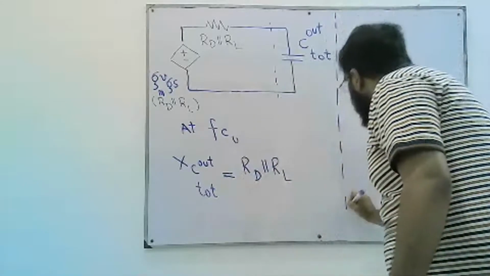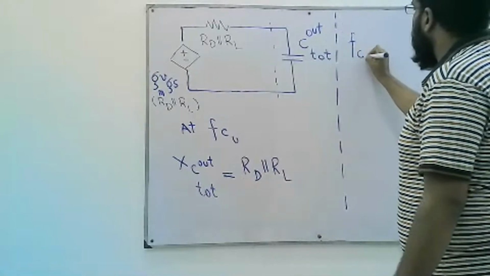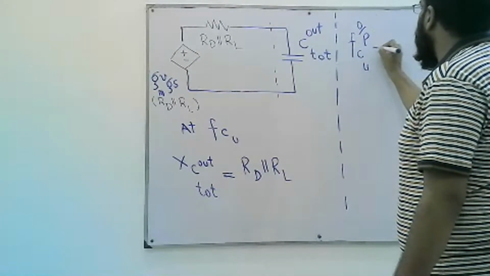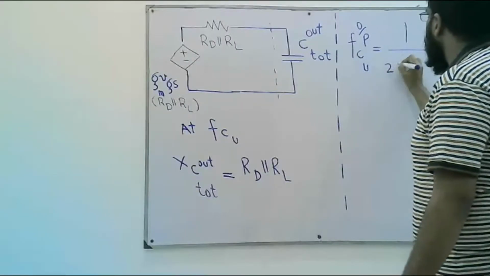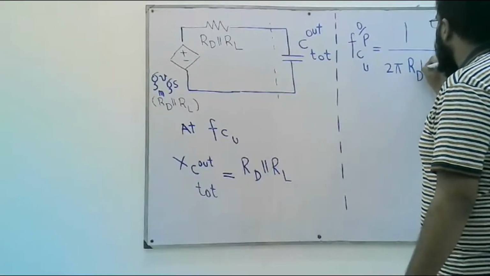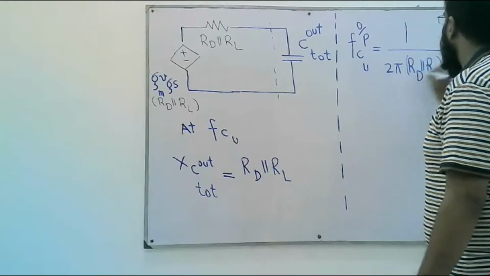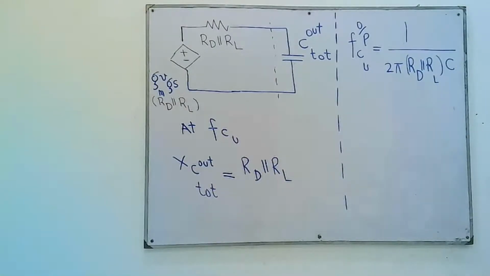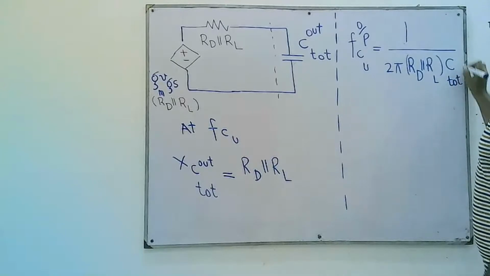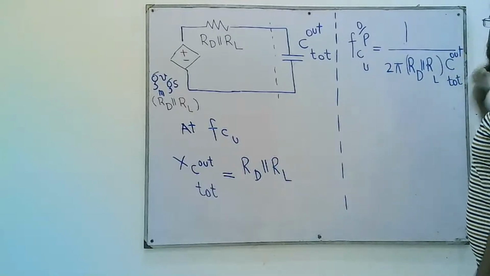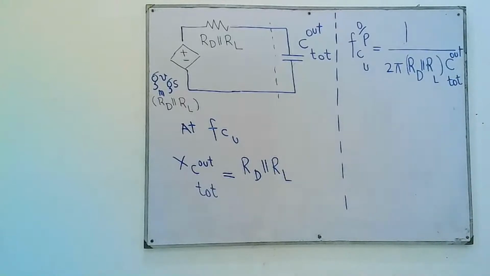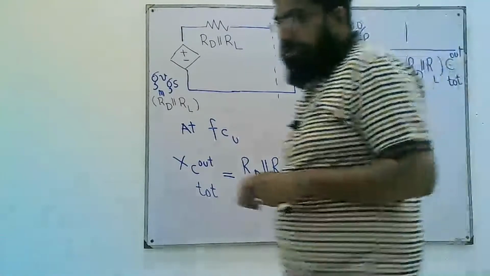Therefore, as we have already studied, FCU can be written as 1 over 2 pi RD in parallel with RL times C out total. So this is the upper cutoff frequency for an FET amplifier, a common source amplifier.